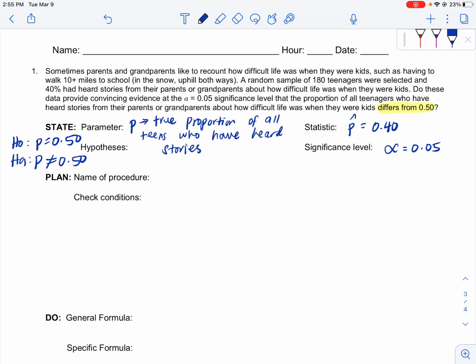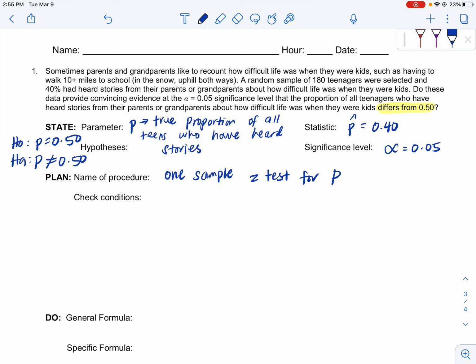Name of the procedure, 1 sample z-test for P. Remember, we're not doing an interval, we're doing a testing. We want to test if the proportion of all teenagers who have heard stories is different from 0.50.